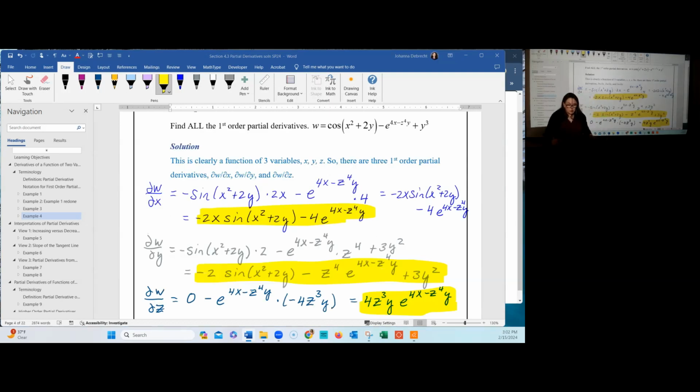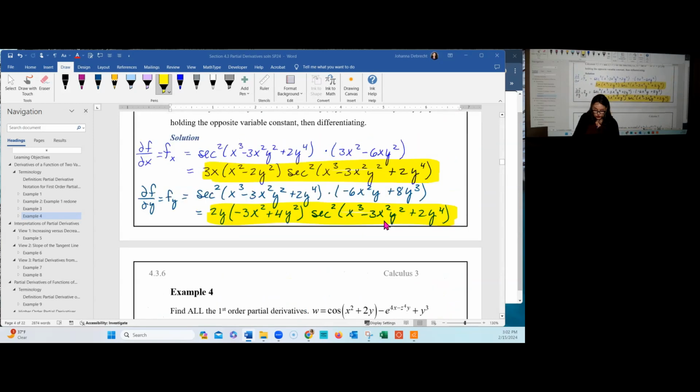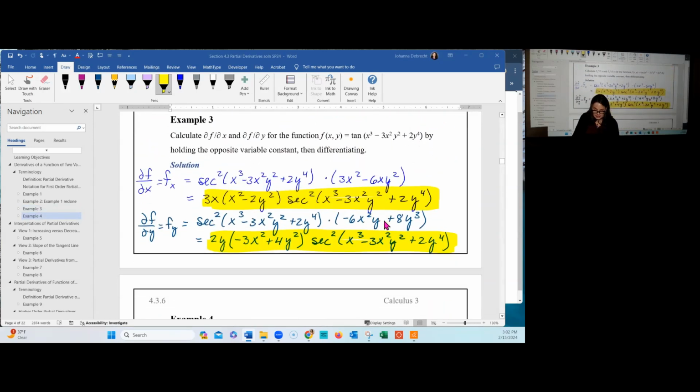Make sure when you're doing these that you apply the chain rule. So let's take a look at example 3 first. In example 3, we want to take the 2 partial derivatives of the function of 2 independent variables, x and y, given by tangent of the quantity x cubed minus 3x squared y squared plus 2y to the 4th.